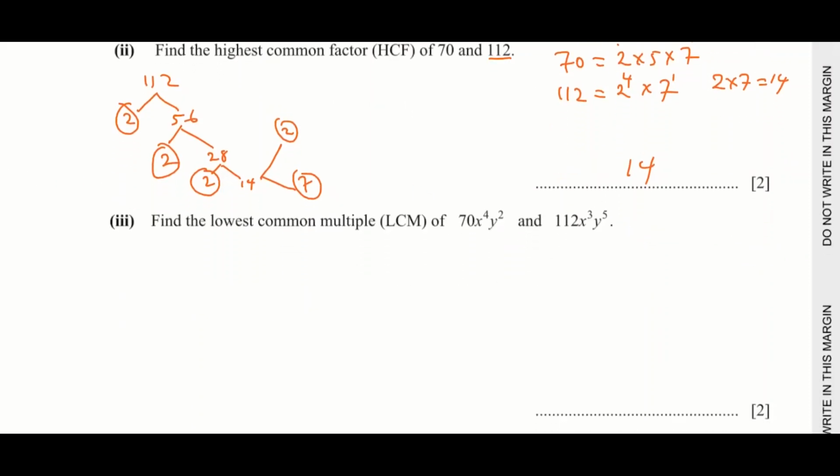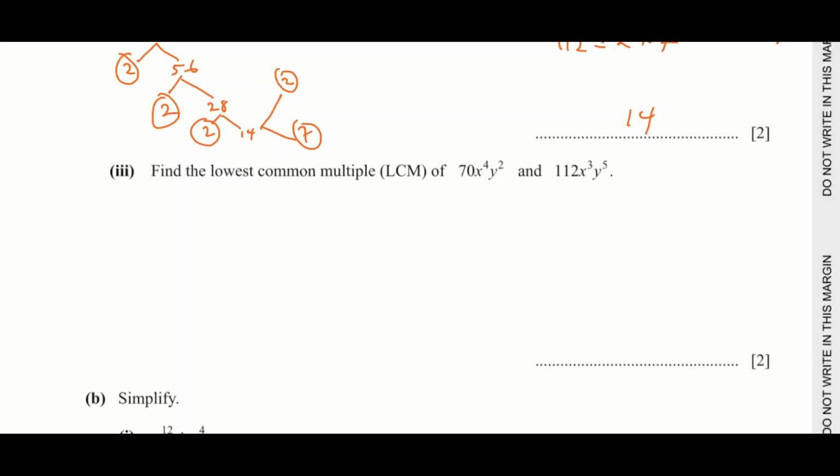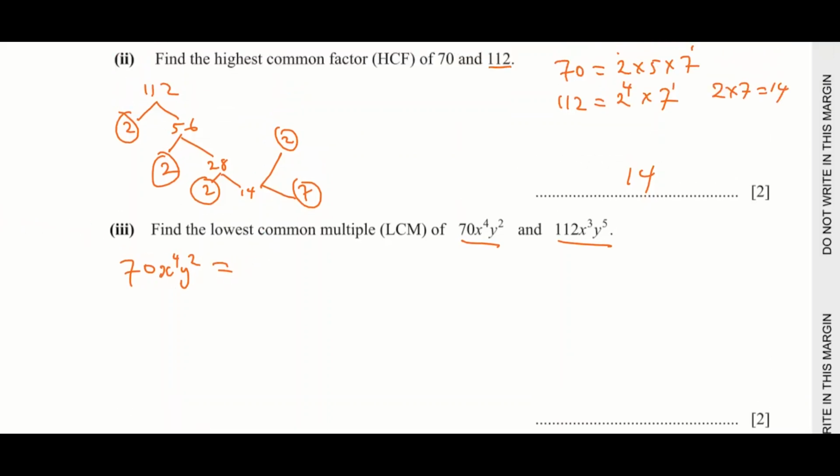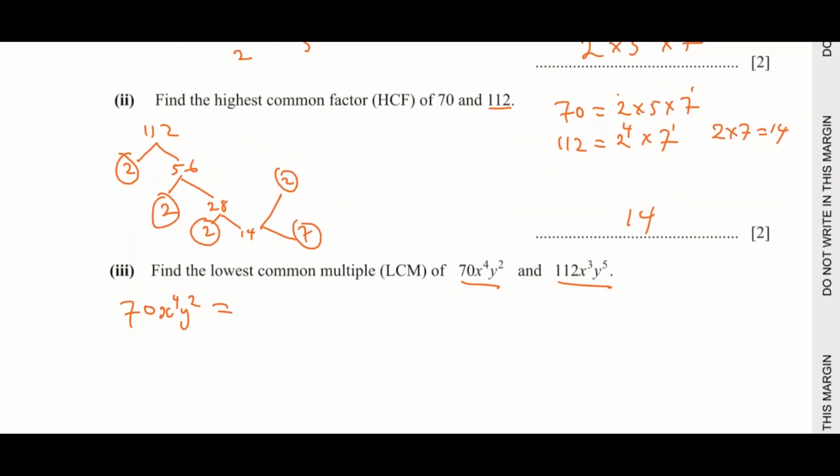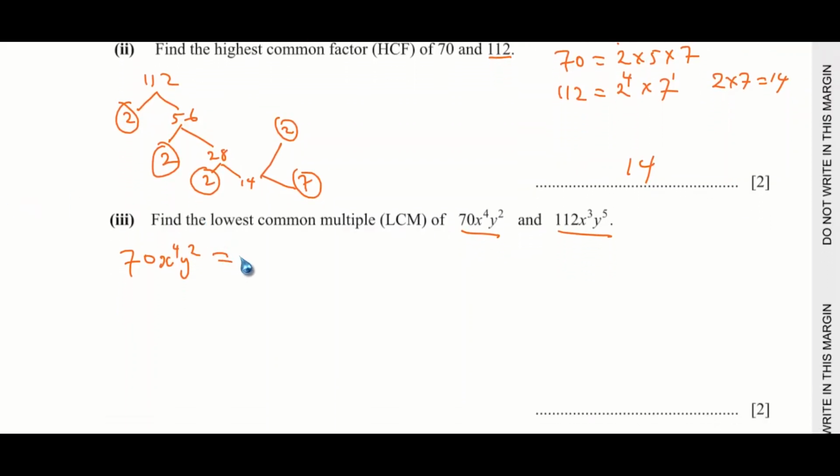Roman figure 3, find the lowest common multiple, that's the LCM, of 70x to the power of 4, y to the power of 2, and 112x to the power of 3, y to the power of 5. 70 as a product of prime factors is 2 by 5 by 7, then x to the power of 4, y to the power of 2.